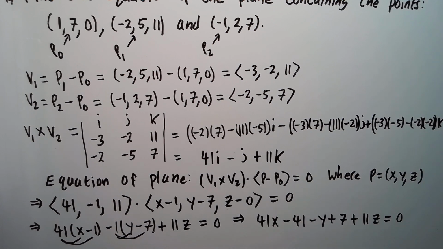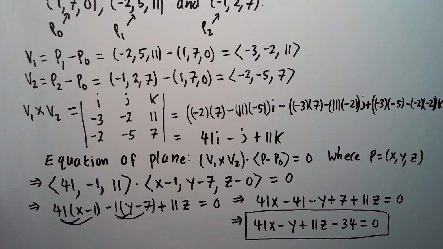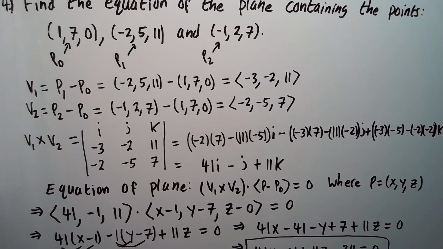Let's just combine the -41 and the 7 to give us -34. So last step will have 41x minus y plus 11z minus 34 equals 0. So this will be the equation of the plane determined by the original 3 points up here.